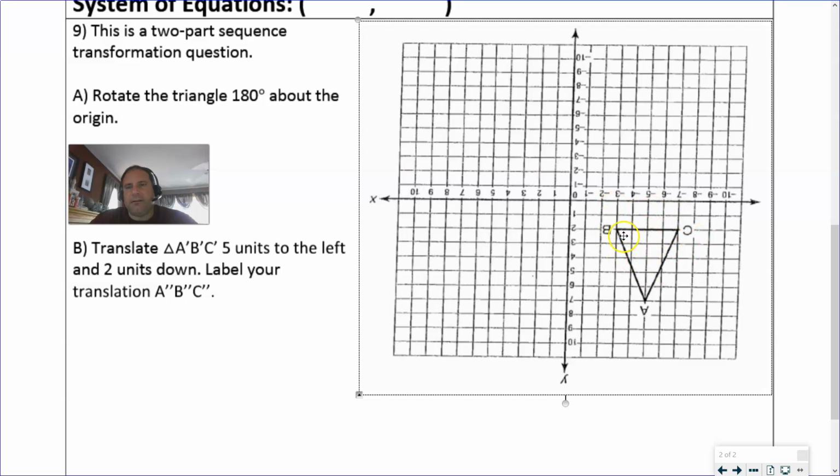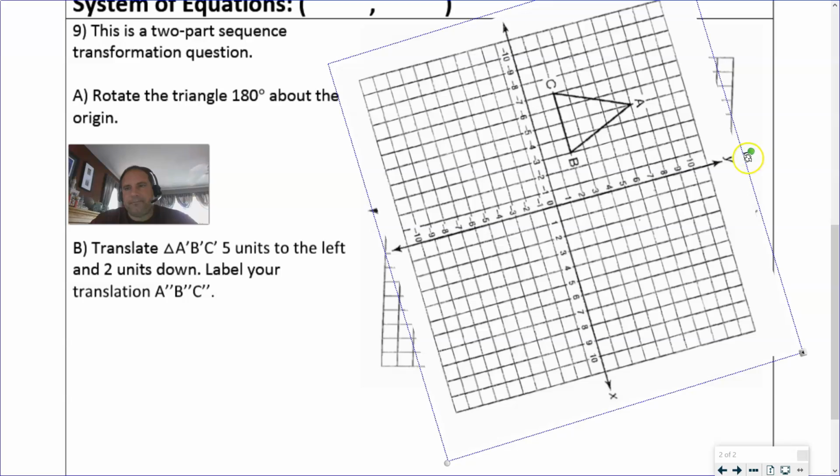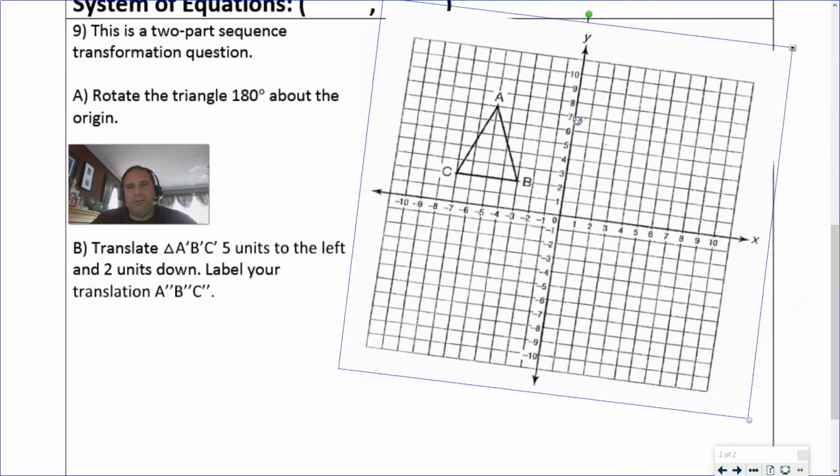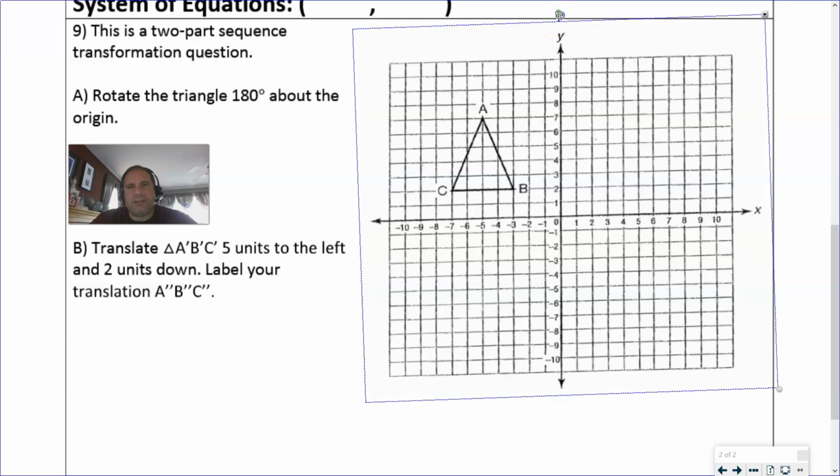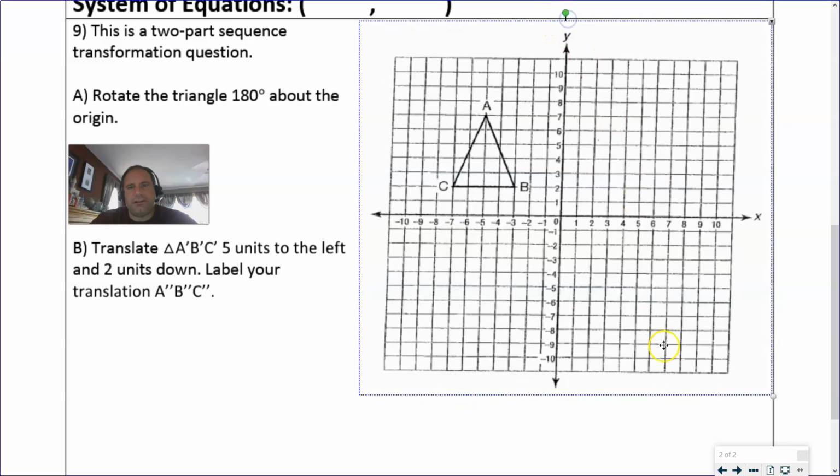It's going to be in the lower right hand corner and it's going to point down, right? So when I go back, I should know that this triangle rotated 180 degrees is going to go into this quadrant right here and it's going to point down, right?